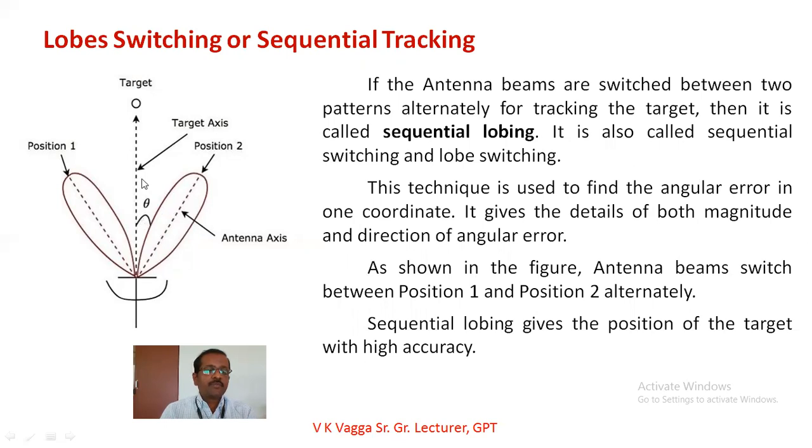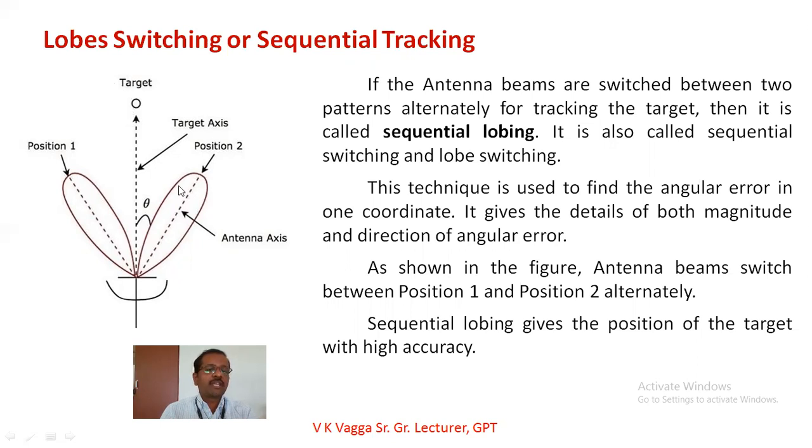Initially it is going to form the axis here, and after that it forms position 1, which is represented with beam 1, and then you can see position 2, which occurs with beam 2, and it is going to switch between position 1 and position 2. It is within a certain angle, and this is the angular error, and based on this it is able to identify the actual position of the target.